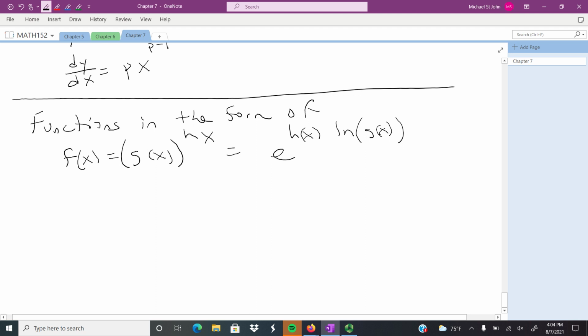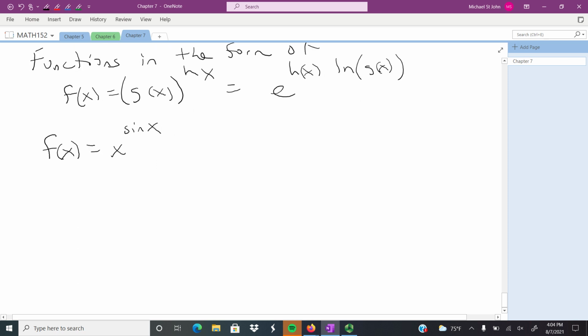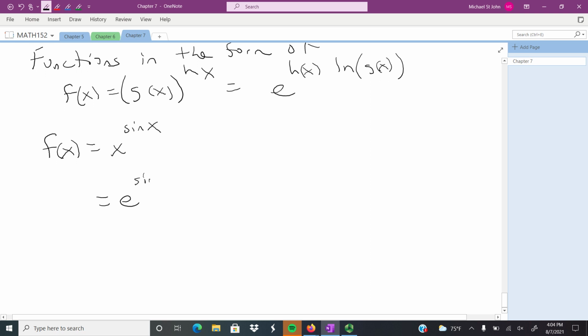So for example, if f of x equals x to the sine of x, well then we can rewrite that as e to the sine of x natural log of x.